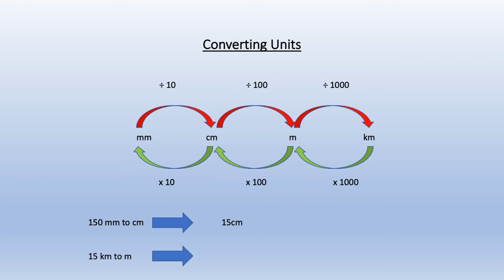And to show you another one, we've got 15 kilometres and we want to convert that to metres. So we multiply by 1000, we look at our table above, and 15 times 1000 equals 15,000 metres.